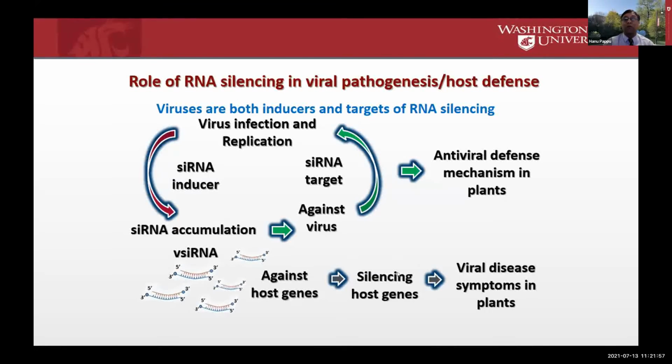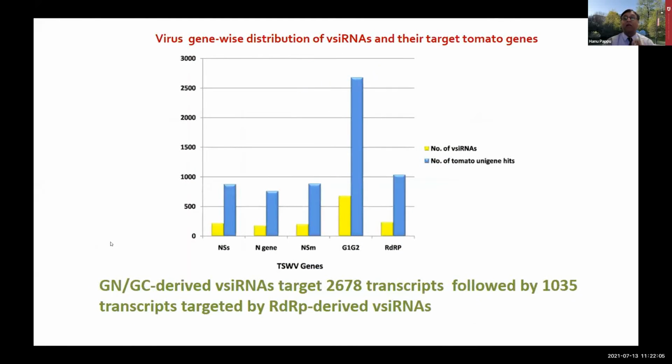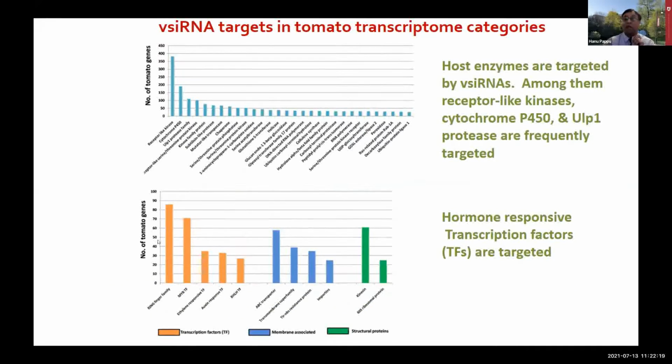Right? So Ramesh then looked at some of these TSW small RNAs and how they are impacting the host transcriptome. By using a suite of bioinformatics software, he identified quite a few targets in the tomato genome. And it turned out that many of them are involved in some very important biochemical pathways, including resistance response.